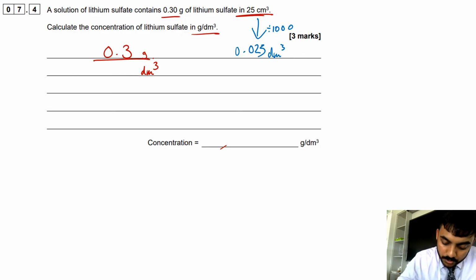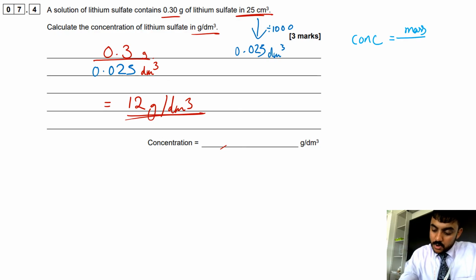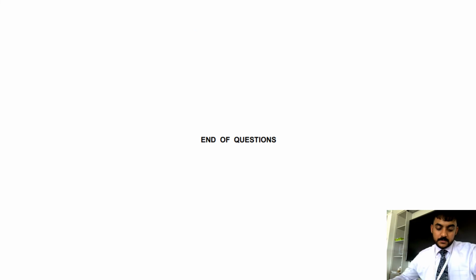Then you do 0.3 grams divided by 0.025 decimeters cubed to get an answer of 12 grams per decimeters cubed. Remember the equation that I'm using is concentration is equal to mass over volume. Write 12 on the answer line and we're done. Well done for getting to the end.